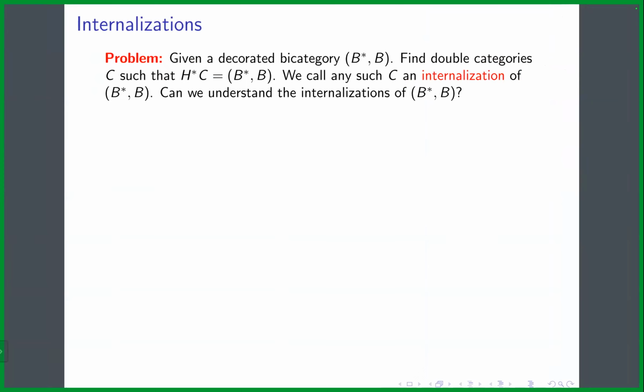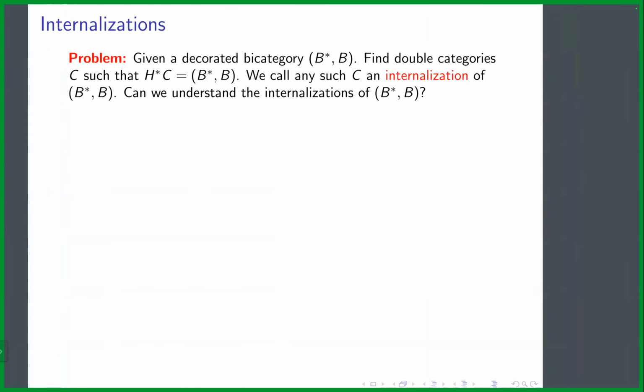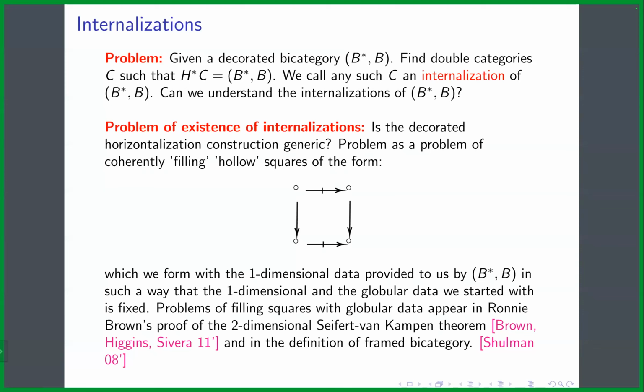Can we understand the structure of the collection of internalizations of a given decorated bicategory? So we call this the problem of existence of internalizations.